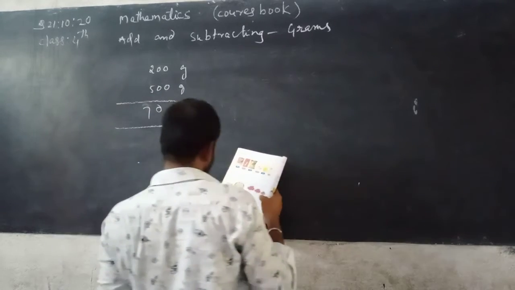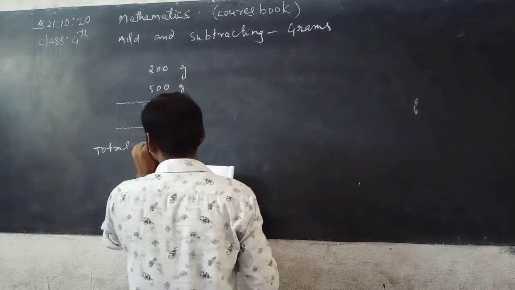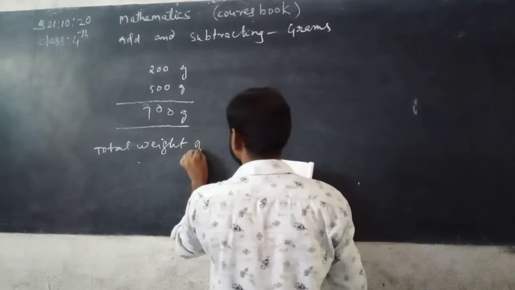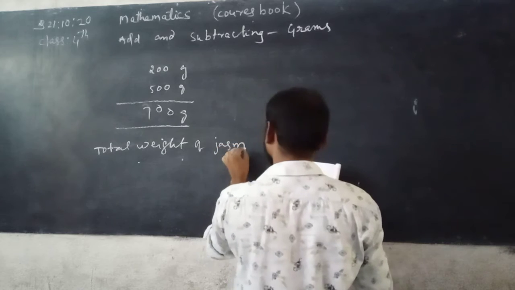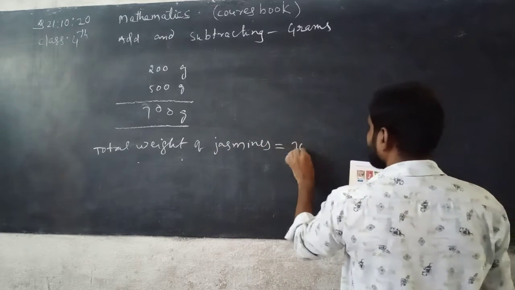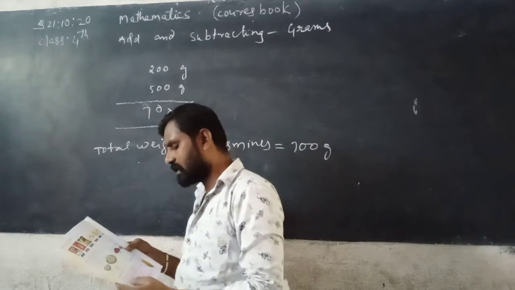So the total weight of jasmines is equal to 700 grams.